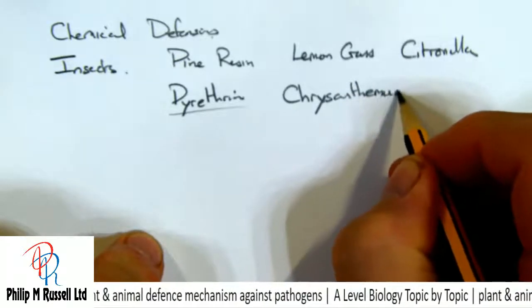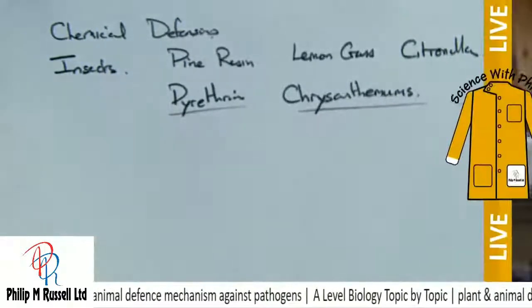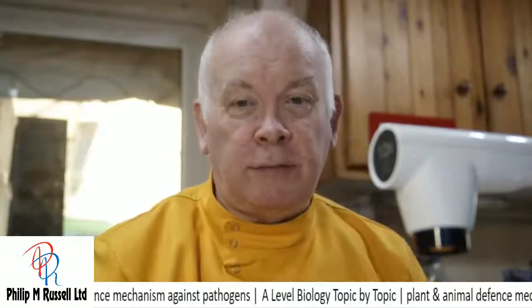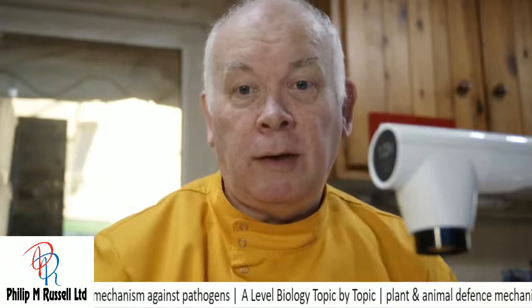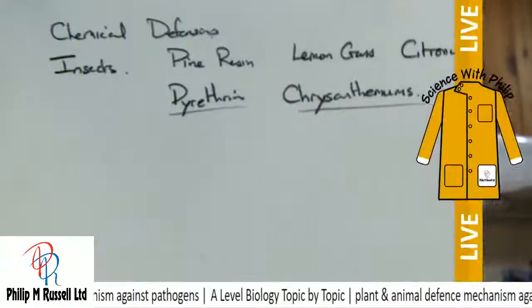If you're a gardener and you've got lots of veg, you put your chrysanthemums amongst them, and these chrysanthemums produce all these pyrethrins. These pyrethrins come along and they kill the insects. So it's quite an effective insecticide.